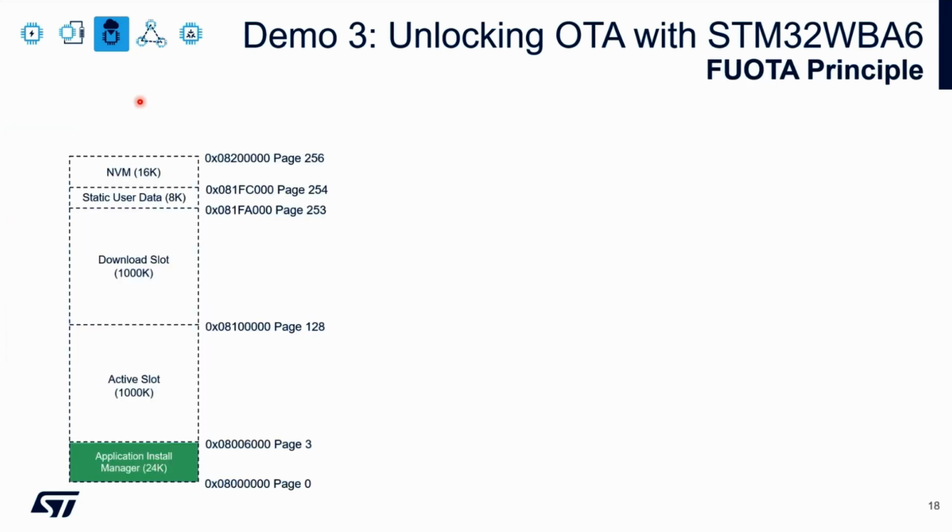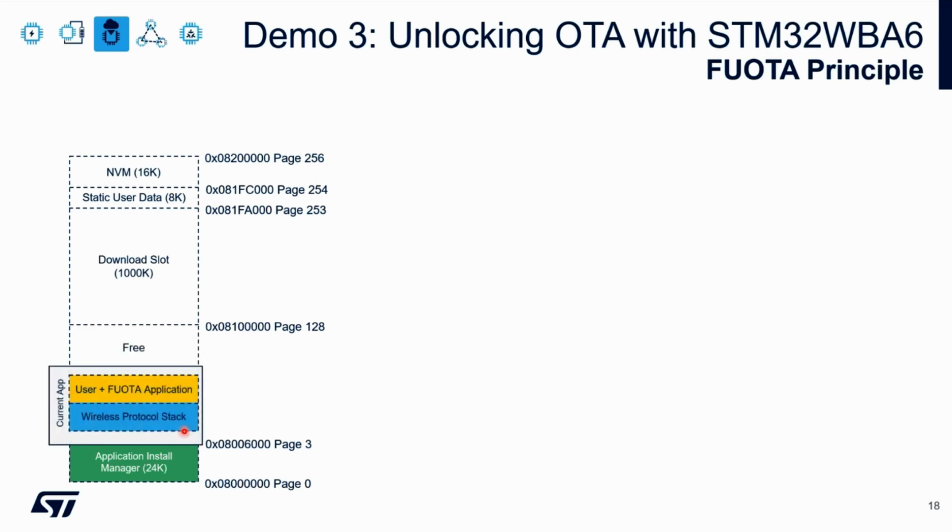So let's briefly review how the firmware update OTA is working. In fact, the flash is split into different sectors. The first one is the application install manager, just here, which handles the installation part of your process. Then you have the active slot, where your current user application is located. So this is the application.